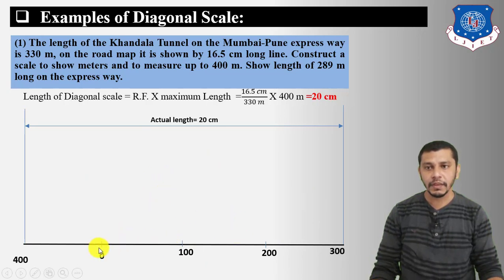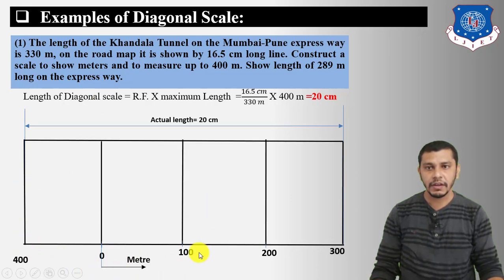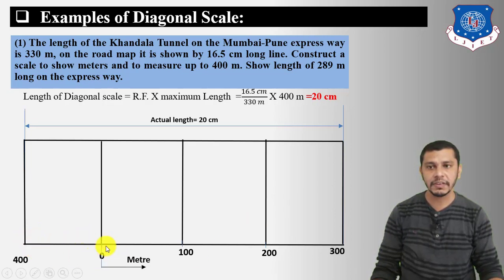Now if you want to show the plane scale, the main scale will indicate meter and the sub scale will also indicate the meter. So first of all, complete the scale, extend the divisions, and now we have to make divisions on the sub scale. This will be our sub scale.